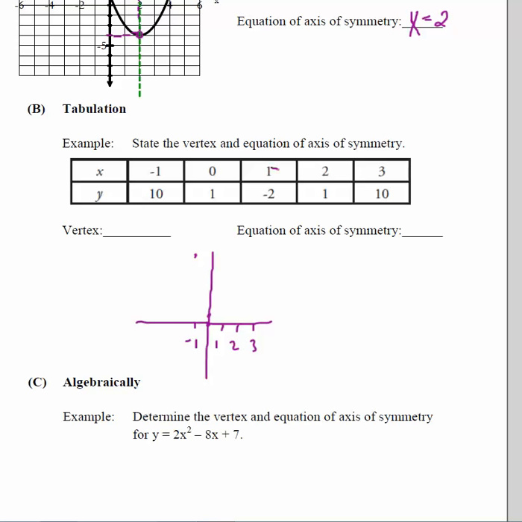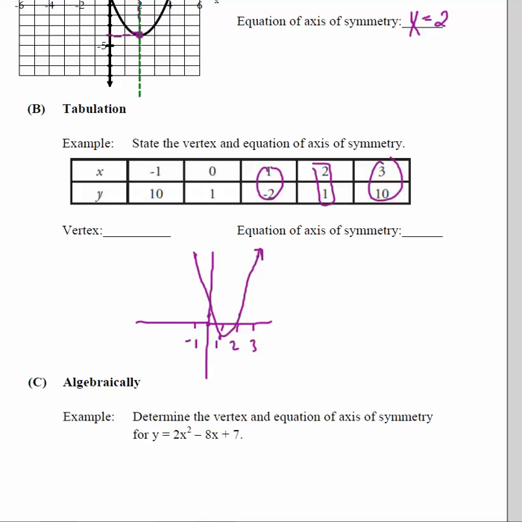When the x value is 1, the y value is negative 2, so maybe down here. When the x value is 2, the y value is 1. So the graph is going down, now it's going back up. When it's at 3, you're back up at 10.